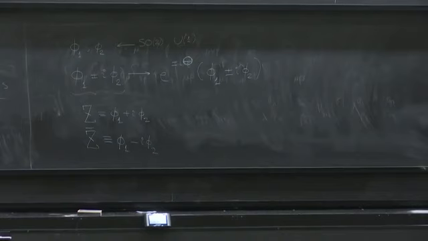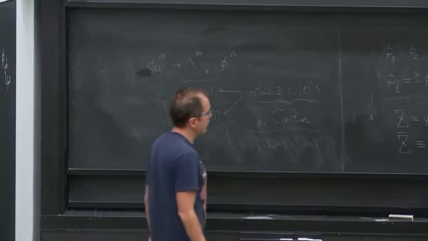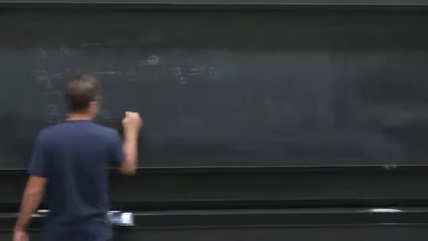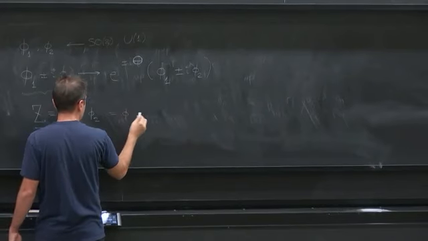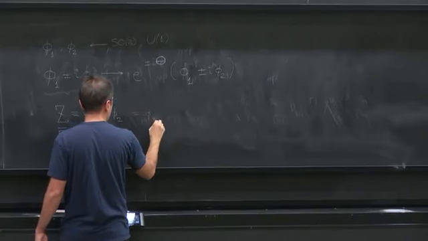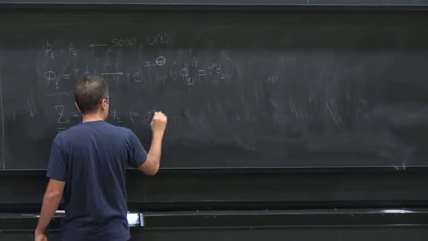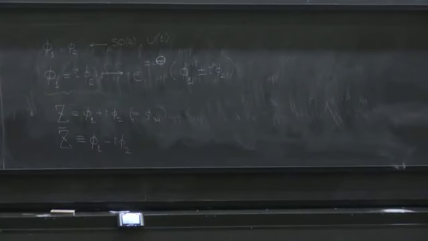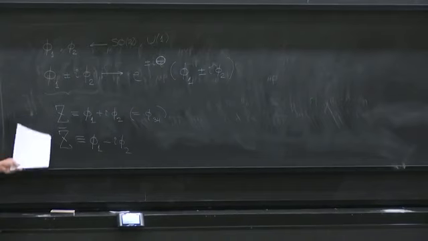We can either use the vector index, or we can use two fundamental indices, and it's the same thing. If you work it out, this would be, if I remember correctly, phi 3, 4, with some choice of sigma matrices to convert one to the other. But fine, so we have this definition of Z and Z bar.